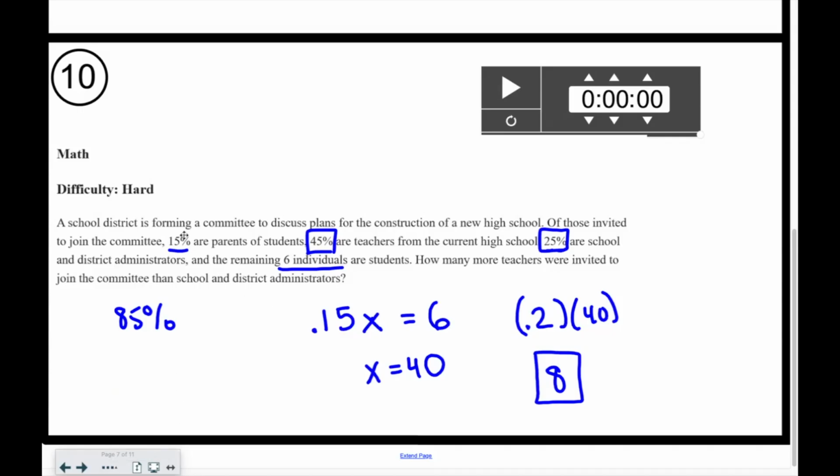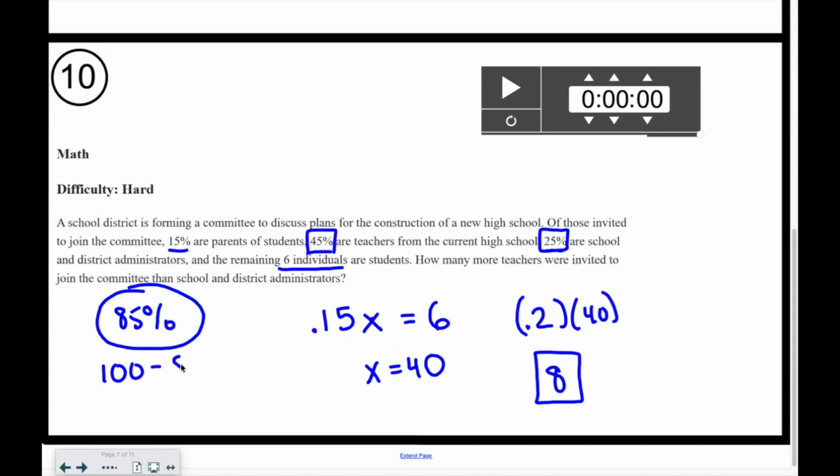So there's basically 4 groups of people here: parents, teachers, administrators, and students. Since they are all the different types of people that could be part of this committee, that has to equal a total of 100%. These 3 that they give us add up to 85%.